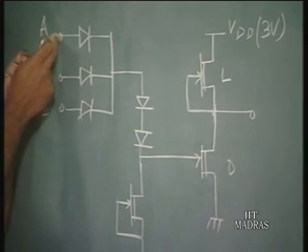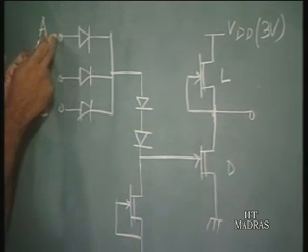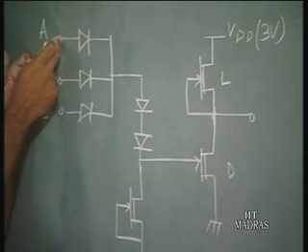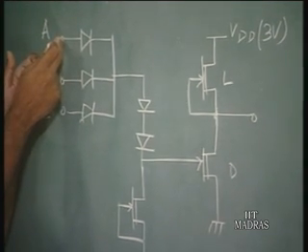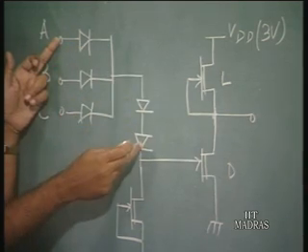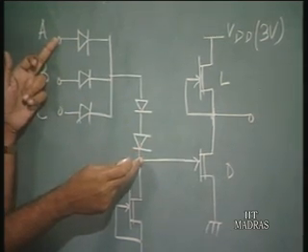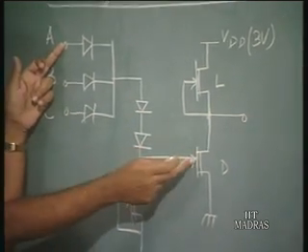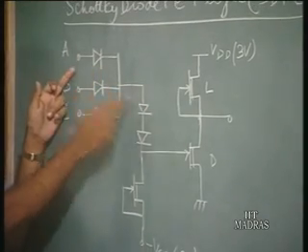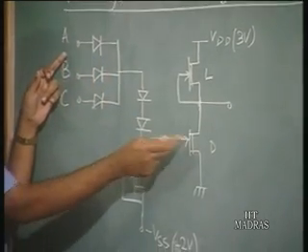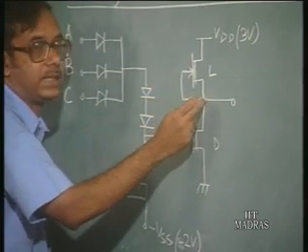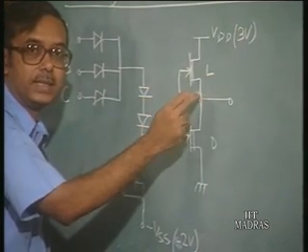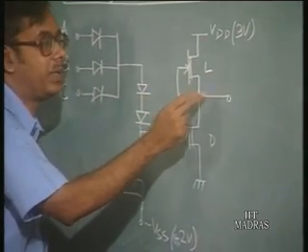If it is 3 volts, then there are 3 diode drops, but this cannot exceed 0.7 volts each. So, basically 0.7, 1.4, 2.1, 2.8. So, the output voltage in this case is limited to 2.8 volts.